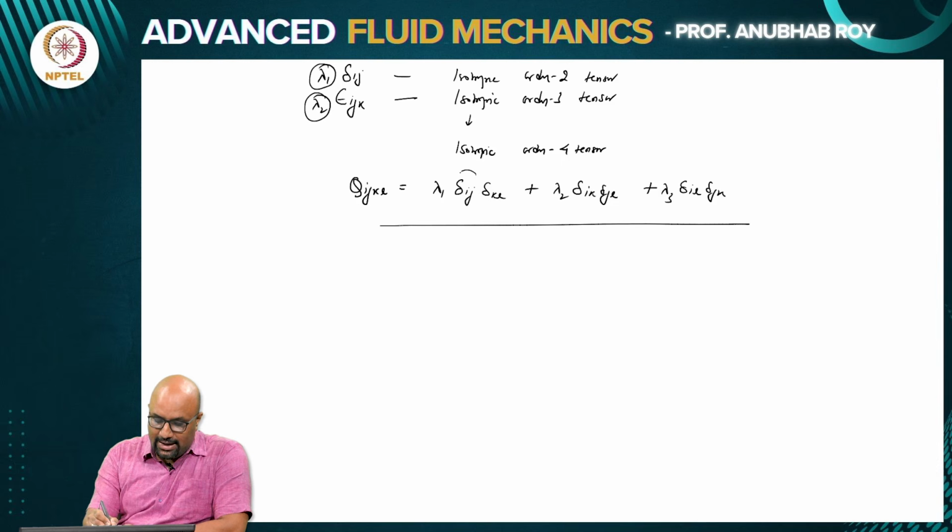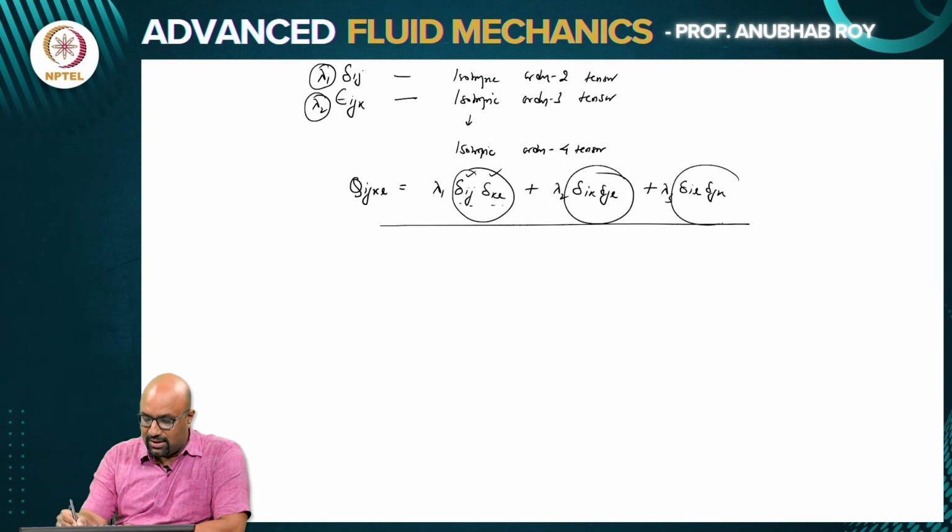So, delta ij delta kl, there are 4 free indices here. These are isotropic. So, that is your order 4 tensor. There is another order 4 tensor, and then there is the other order 4 tensor. So, you have a linear combination here. So, we will primarily restrict ourselves to order 4, because order 4 is typically what you will encounter in most cases in fluid mechanics.